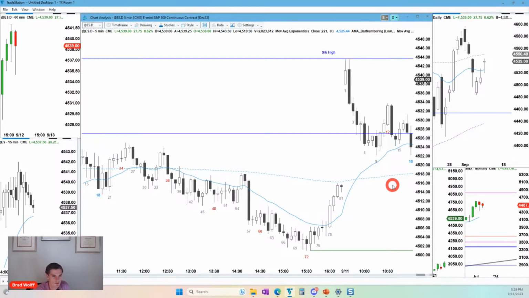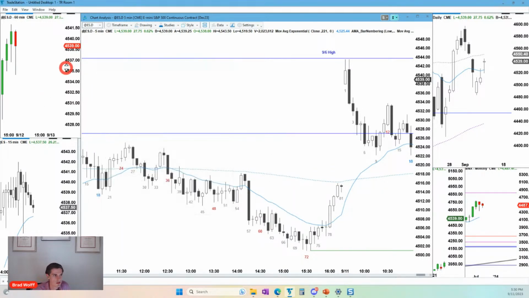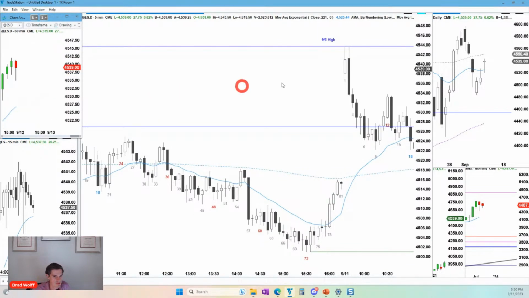The 9 low, the 20 period moving average, which is this solid blue line, and then this dashed line, which is the 60-minute moving average. It's an input of 221, and that gives me pretty much a 60-minute moving average, which you can see we almost touched over here.